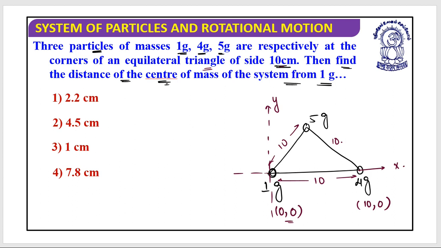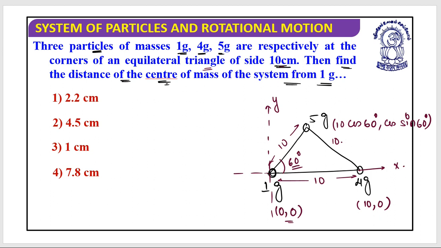Now this one could be written as 10 cos 30 degree comma 10 sine 30 degree, but it was 60 degree, not 30 degree. You made a mistake over here. This is 10 cos 60, 10 sine 60, because it's an equilateral triangle. I hope this is clear.